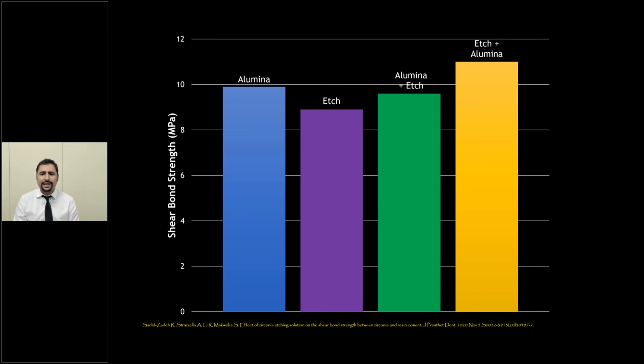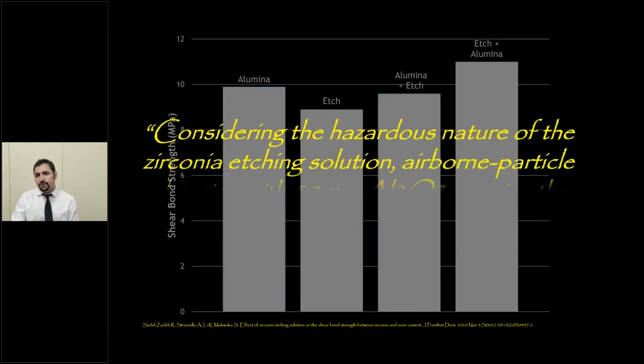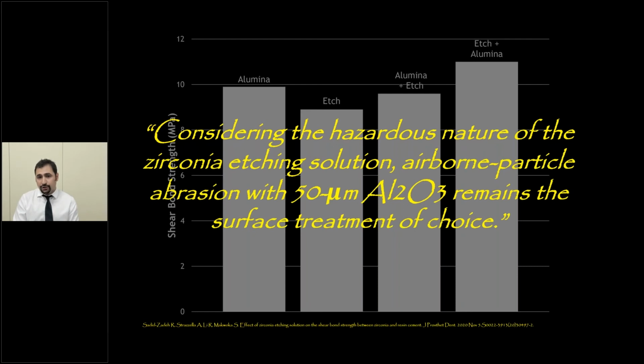So how does that translate? Let's look at how they concluded the results of this study. This is what they mentioned: considering the hazardous nature of the zirconia etching solution, airborne particle abrasion with 50 micron alumina particles remains the surface treatment of choice.